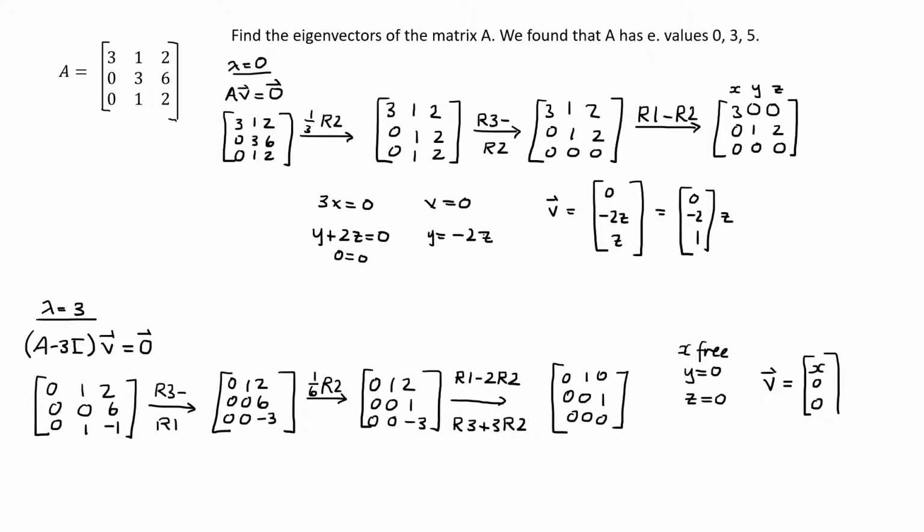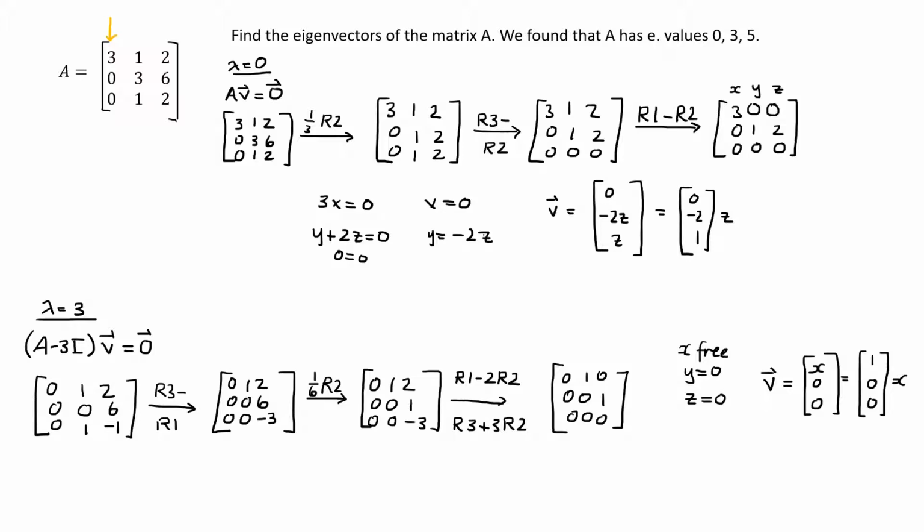X can be anything. That is, this is just going to be a multiple of the vector 1, 0, 0. And we might have expected this because we can see from this original matrix A that the vector 1, 0, 0 maps to 3, 0, 0. All right, so we've got eigenvectors for 2 of our eigenvalues.